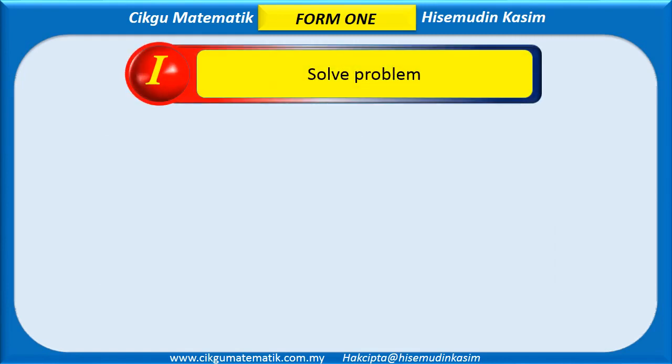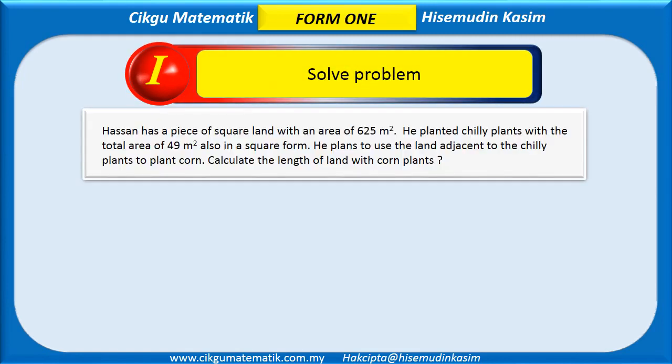I. Solve problem. Hassan has a piece of square land with an area of 625 meters squared. He planted chili plants with a total area of 49 meters squared, also in a square form. He plans to use the land adjacent to the chili plants to plant corn.